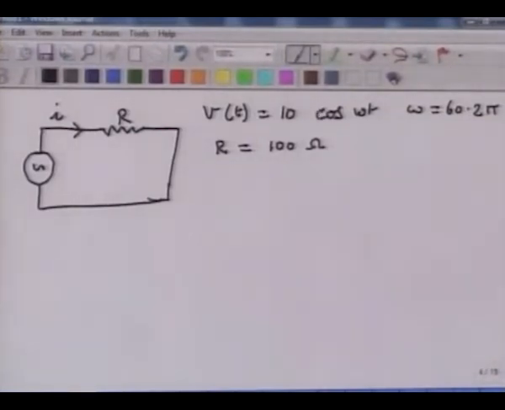So my instantaneous power is half real V I star. My V, that is the magnitude of this whole thing, is 10, so that is 10 times I star.